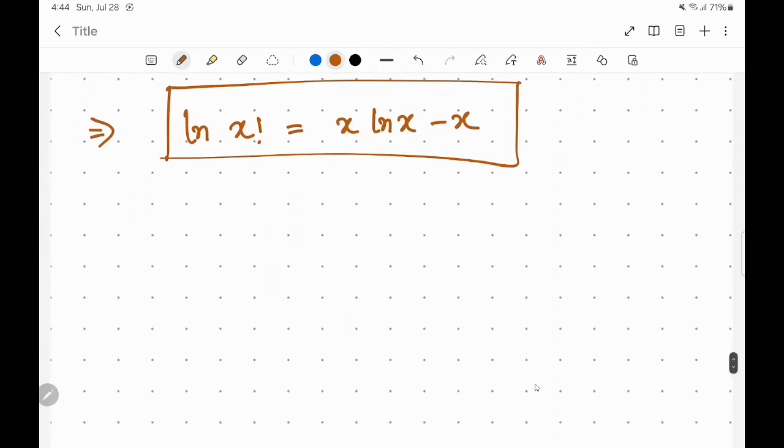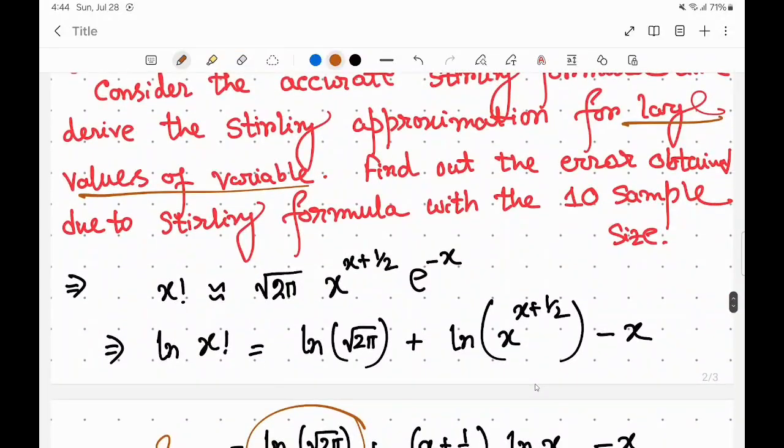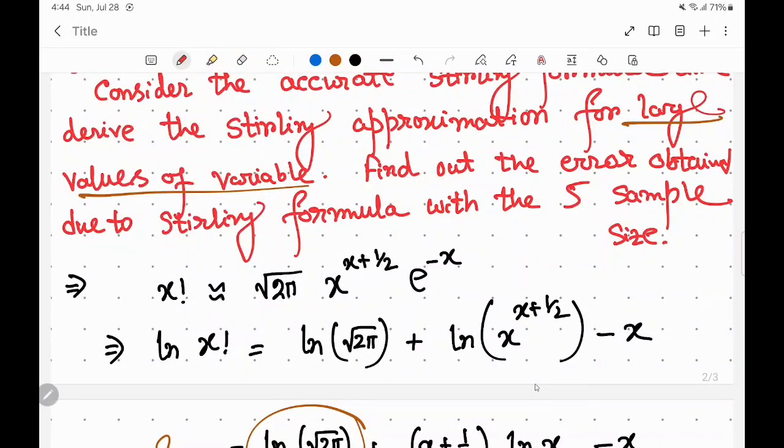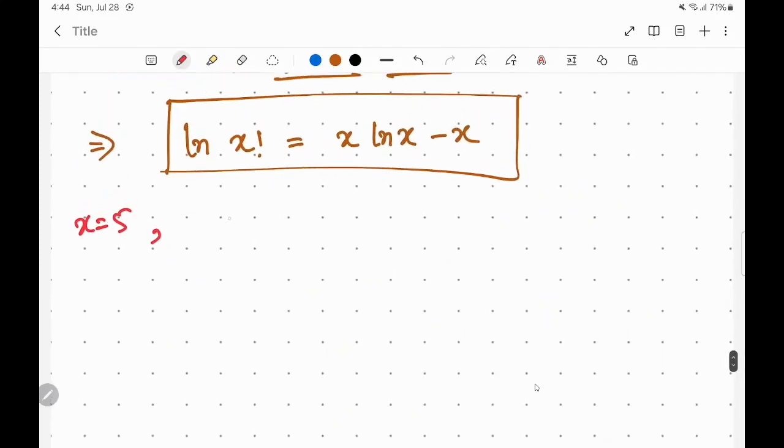Now you can calculate the error by using this formula or the original formula, directly. Let's say for x equal to 5, since 10 will be very large. Put x equal to 5. Then what will be ln x factorial?